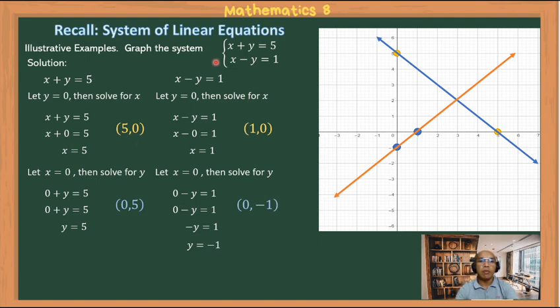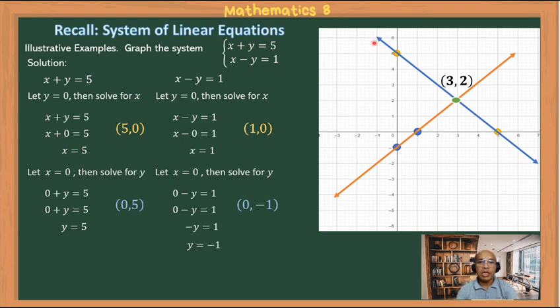The solution of a system of linear equations in two variables by the graphical method is the point where the two graphs intersect. In this case, the two graphs intersect at the point (3, 2). Therefore, the solution is (3, 2).